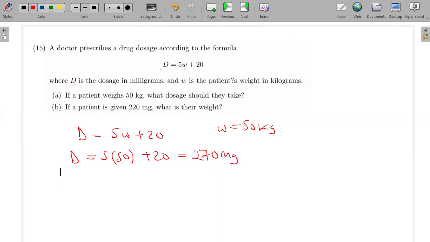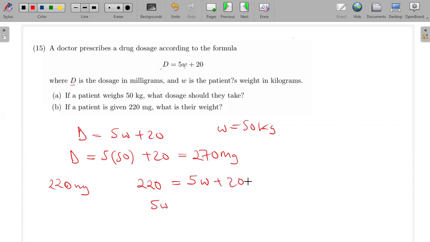Then part B says, if a patient is given 220 milligrams, what is their weight? So they've given us the dosage and they want us to calculate the weight. D is for the dosage, so I put my 220 there, then 5W, then plus my 20. So what do I get?